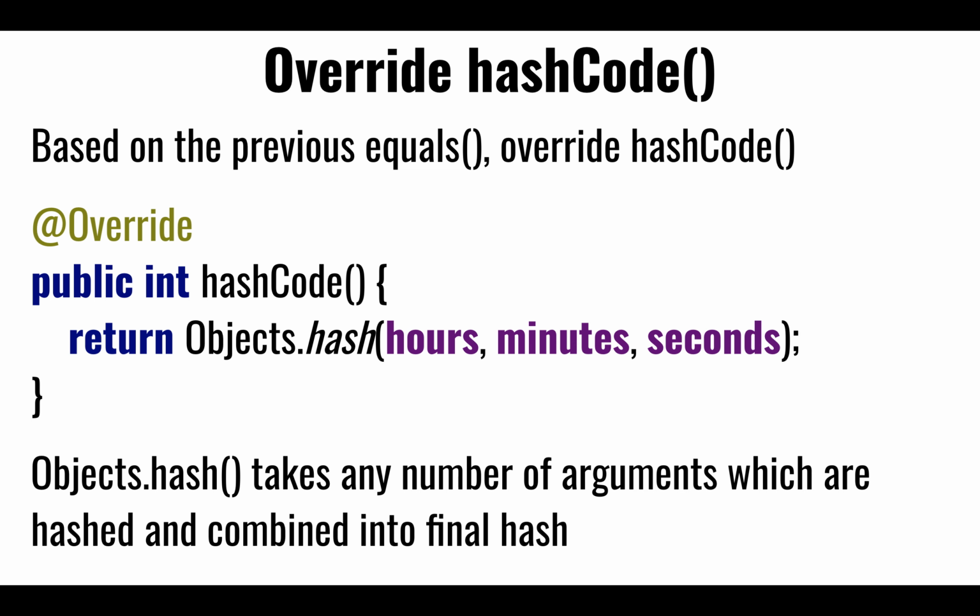So here we're overriding hashCode, and we're going to use the low-level implementation of hash that takes any number of values, hashes them individually, and then combines them to create a new hash based on the hashes of each of the values, and that's what we return. So typically we implement both equals and hashCode together. We either override both or we don't override either. So that's a hashCode based on the same assumption that we're using hours, minutes, and seconds to compare.